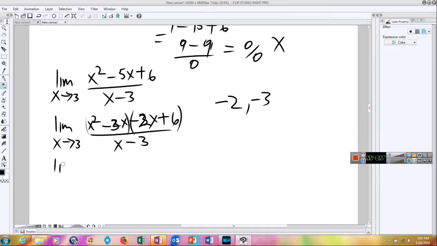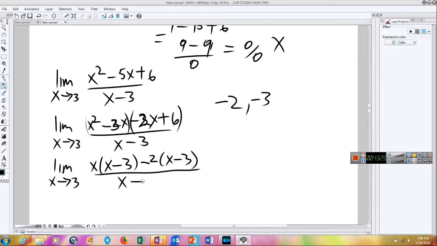So in expanding this, the limit as x tends to 3 for the function x minus 3, minus 2 x minus 3, over x minus 3.